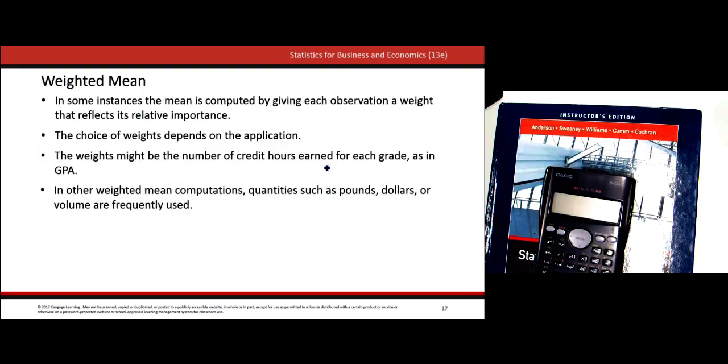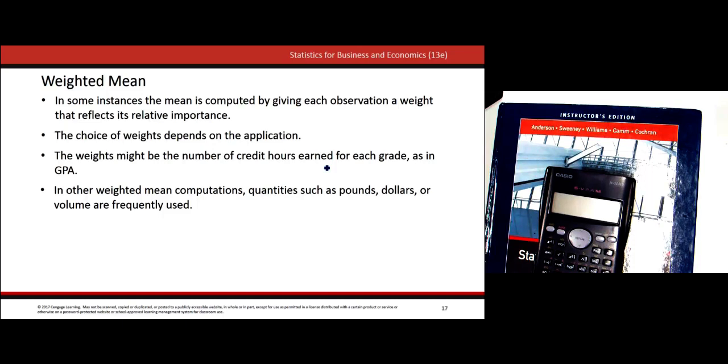Sometimes we cannot just calculate the simple mean, because each observation may have different relative importance. They may not be equally important, they may have different relative importance. In that case, we cannot just simply calculate the mean. We need to calculate the weighted mean.